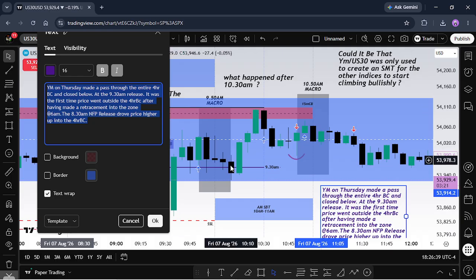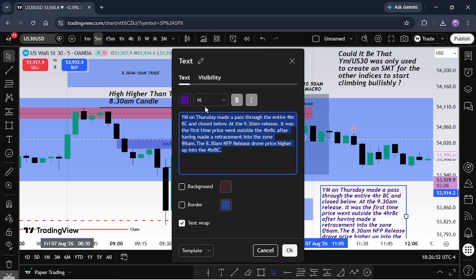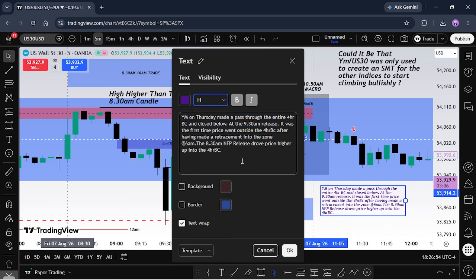Look at the 9:50 macro. Price is still at the lower BC. Wait, I think I found it. Let's move this.